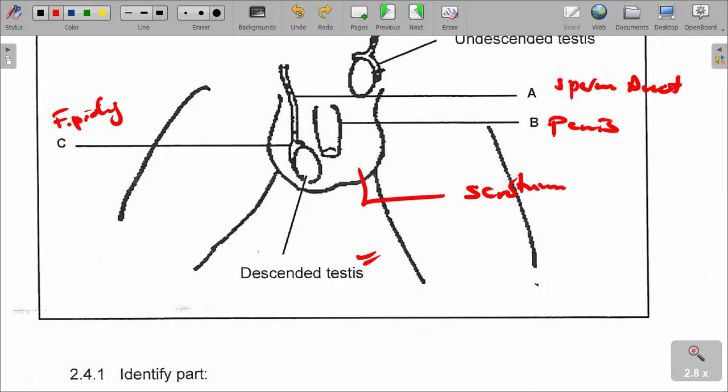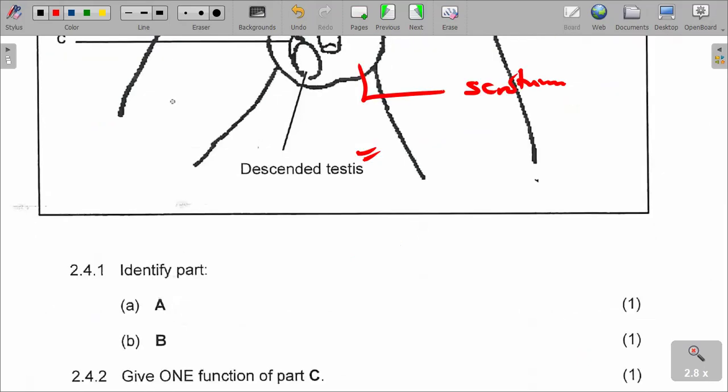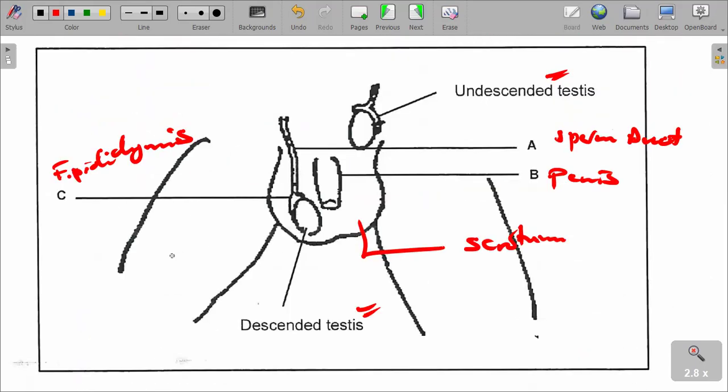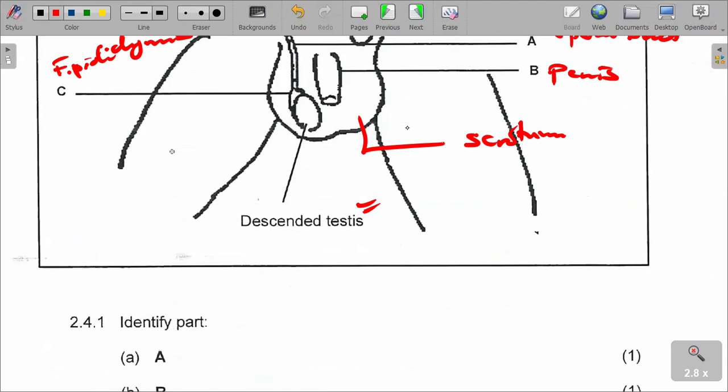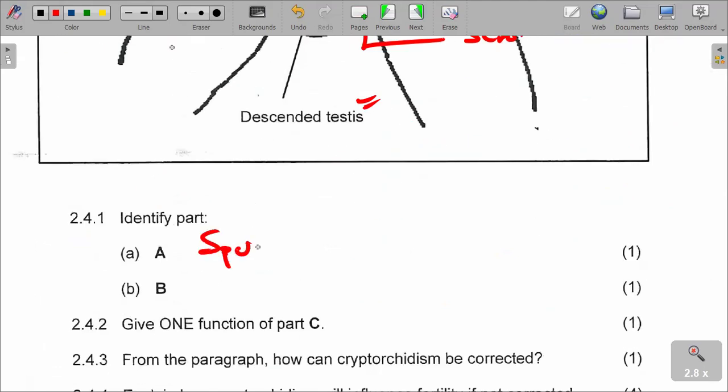The question is saying, identify part A. Part A can be this one, it is actually given there. We can say A is the sperm duct.